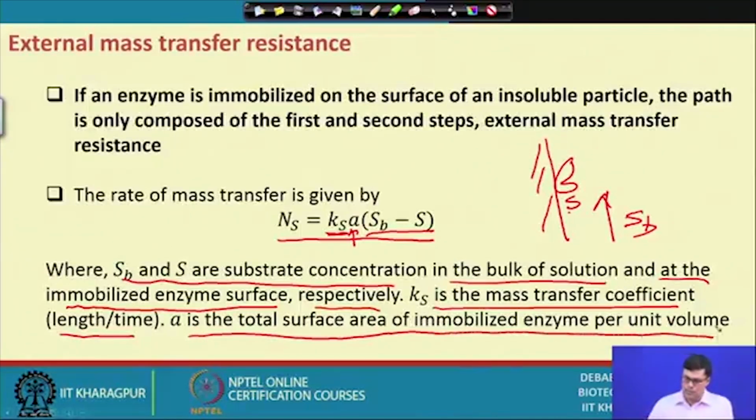Per unit volume means if A is the surface area and volume is V, that is per unit volume. A is like this.